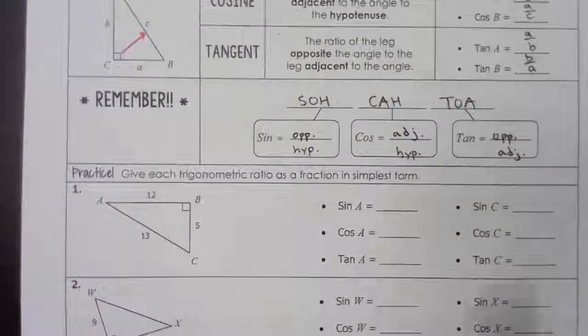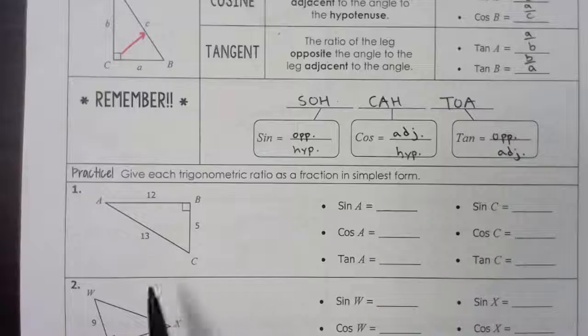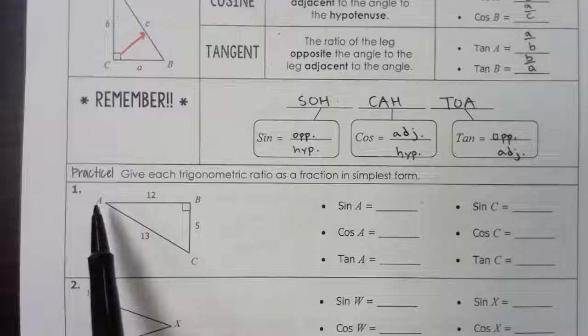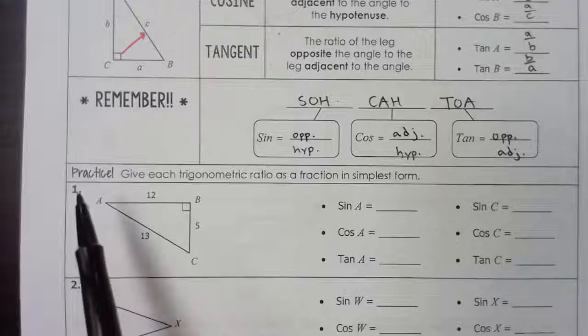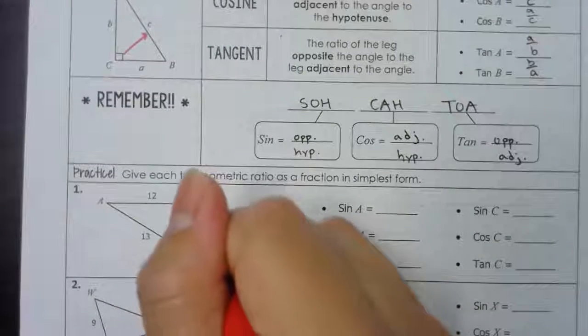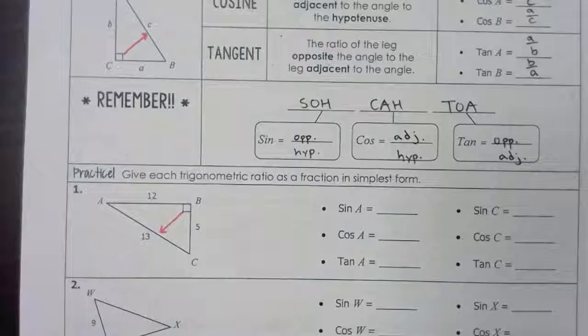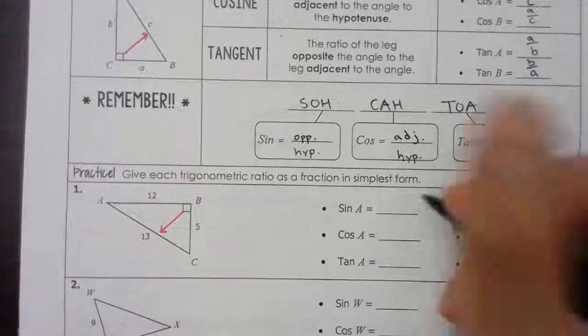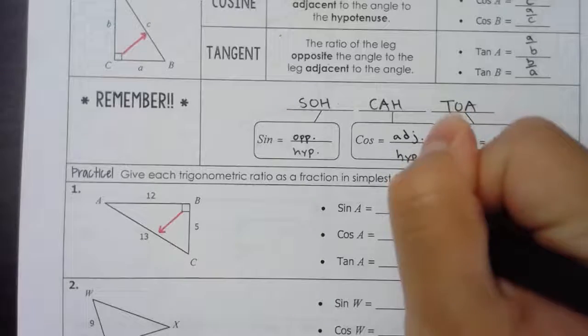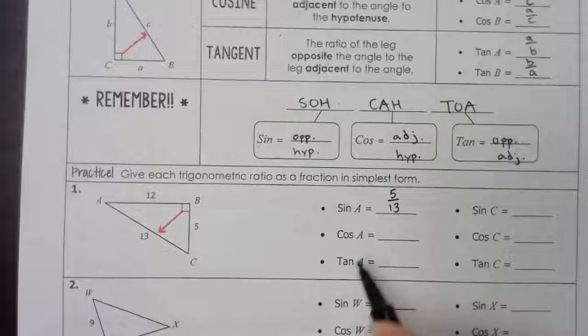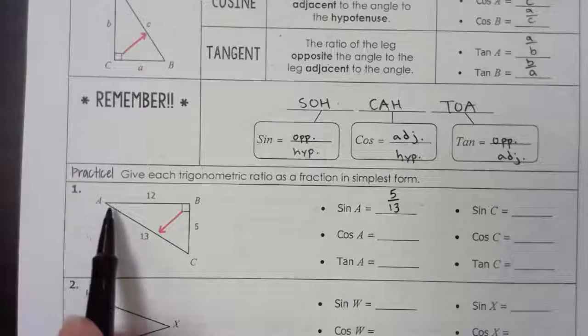So looking at this first triangle here, it's a right triangle, sine of A, here's angle A. So what's opposite to angle A and what's the hypotenuse? The hypotenuse, again, is always going to be opposite the right angle, so 13. So sine of A is 5 over 13. Cosine of A will be adjacent over hypotenuse.